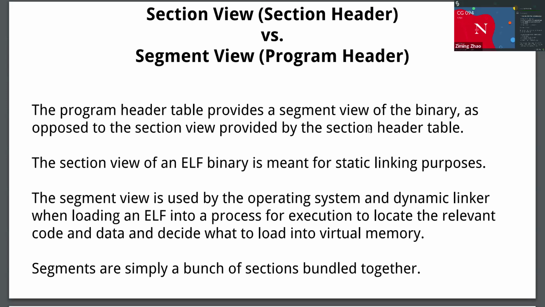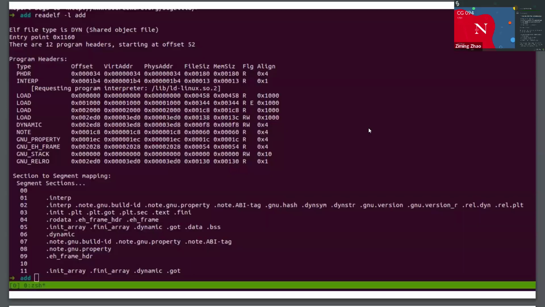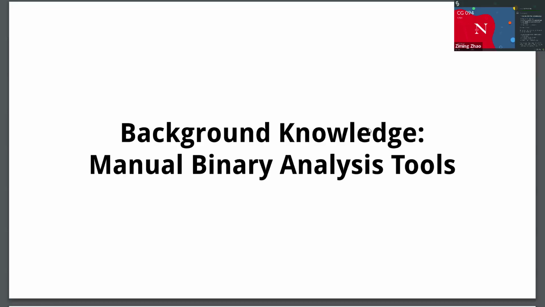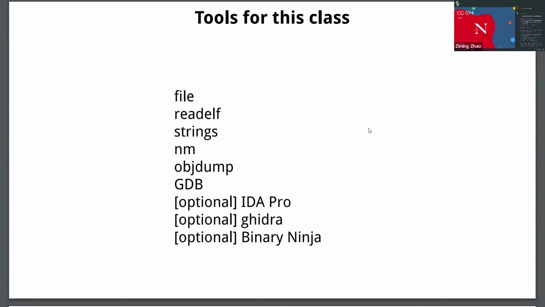I think we can skip this part because it's not that important to our attack. Manual binary analysis tools: in this class, we're going to use very basic tools, especially in the demos. I'm going to use command line tools. We just use GDB, and we're going to use objdump, which I already showed you last week.